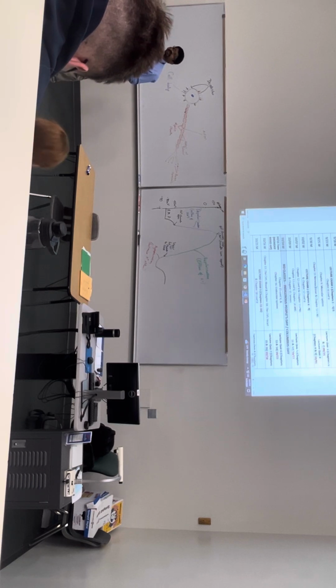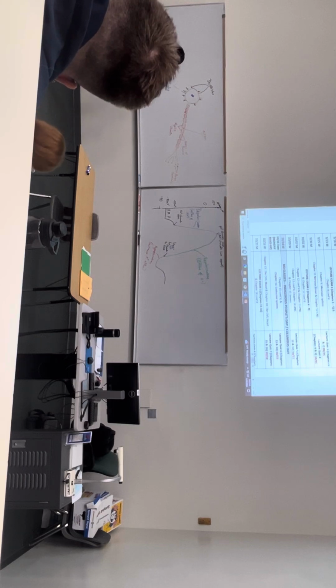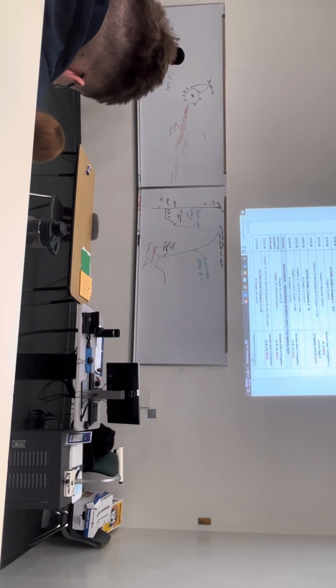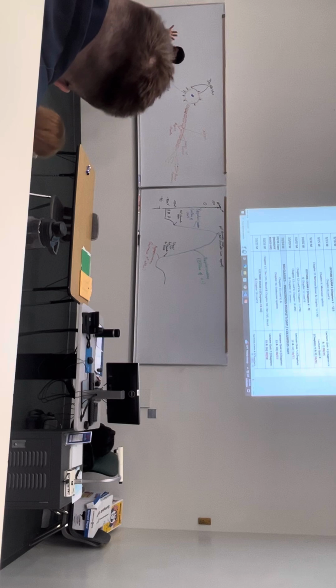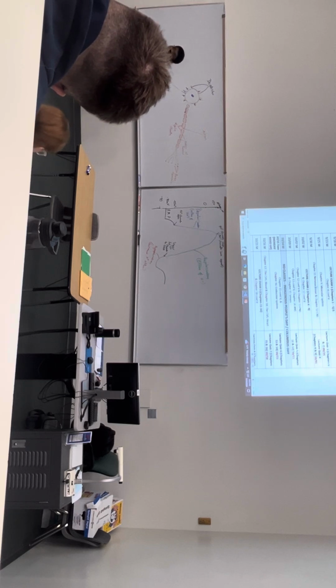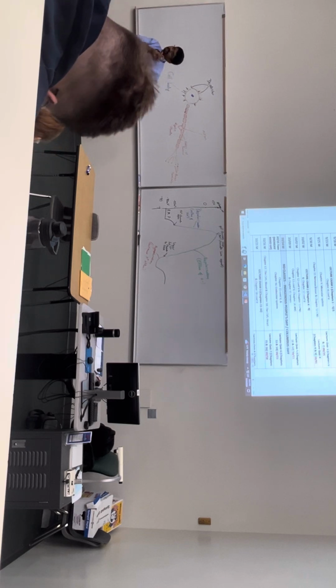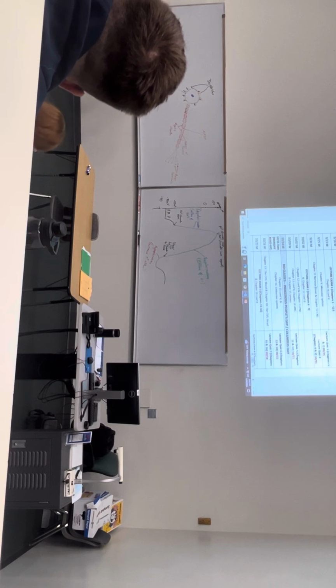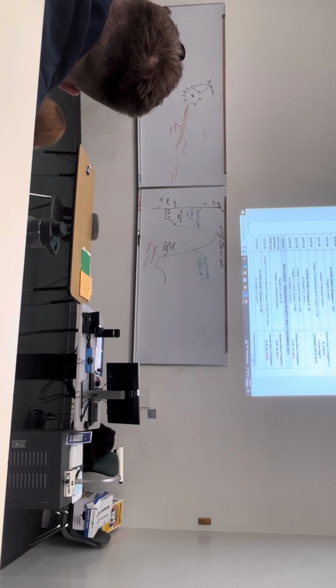Any questions? Also review the structure of the sarcomere, like the A band and I band, what makes it up, and what happens during contraction. What is a sarcomere? The structural unit of muscle. Of what part of the muscle cell, by the way?